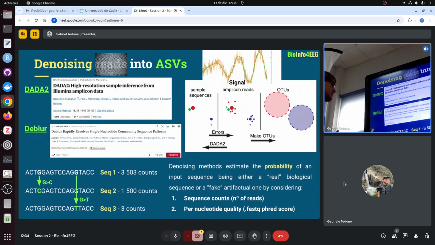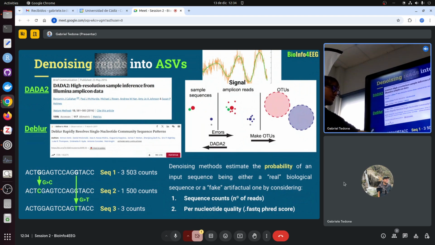So I'm going to put in front of you an example. This is our data set. We have 3 sequences, and we have how many times these sequences happen in the data set. For sequence 1, there are 3,503 counts. This means sequence 1 happens 3,503 times in the whole data set.